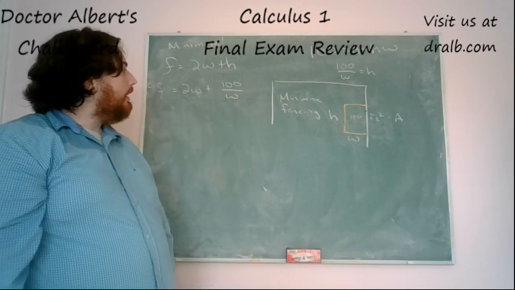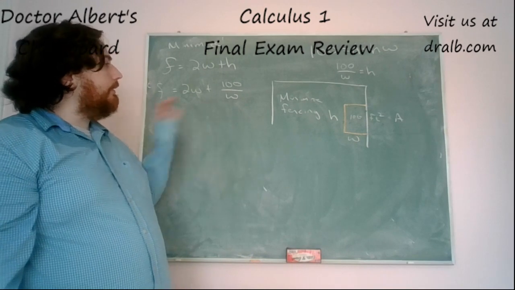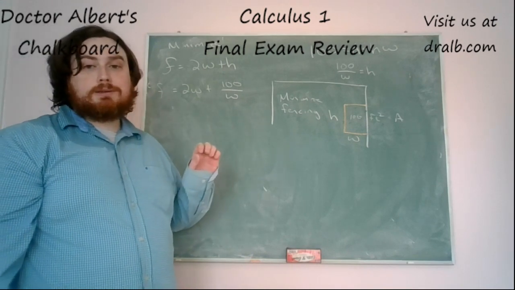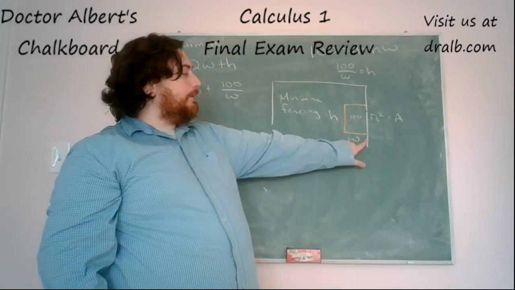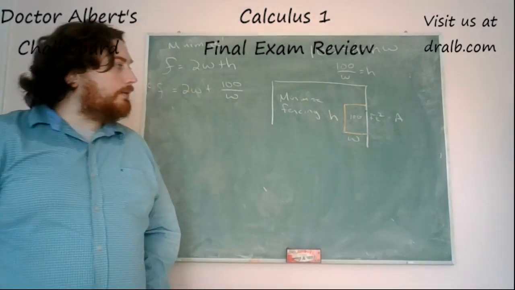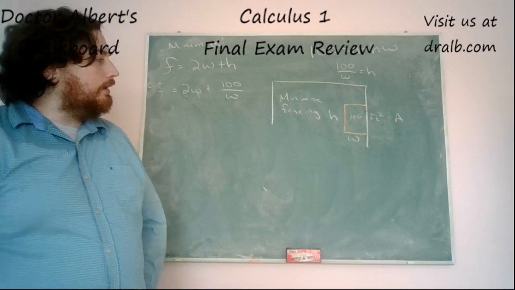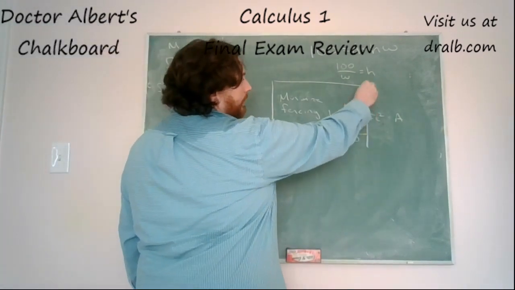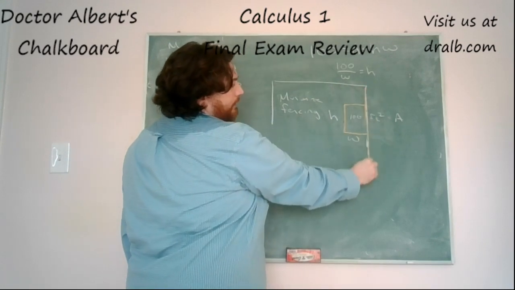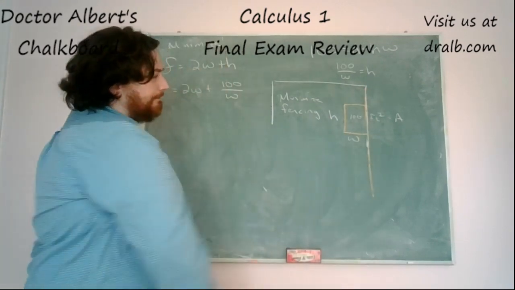All right. Now I also need to know the domain of this so that I know my answer makes sense. So if I'm looking at this, remember last time we decided that W is a length and H is a length, so both have to be non-negative. But now in this case, can W be 0? If W is 0, I'm going to end up with something like that.